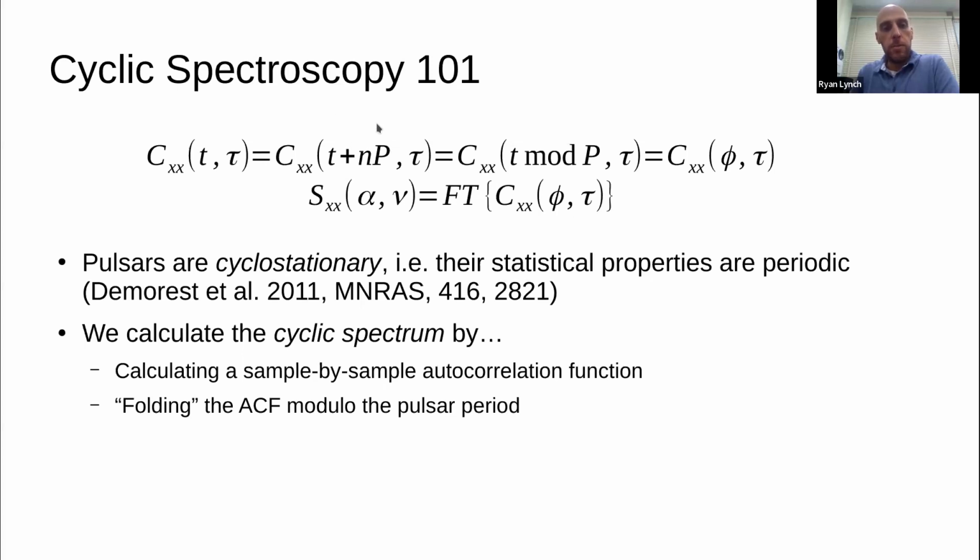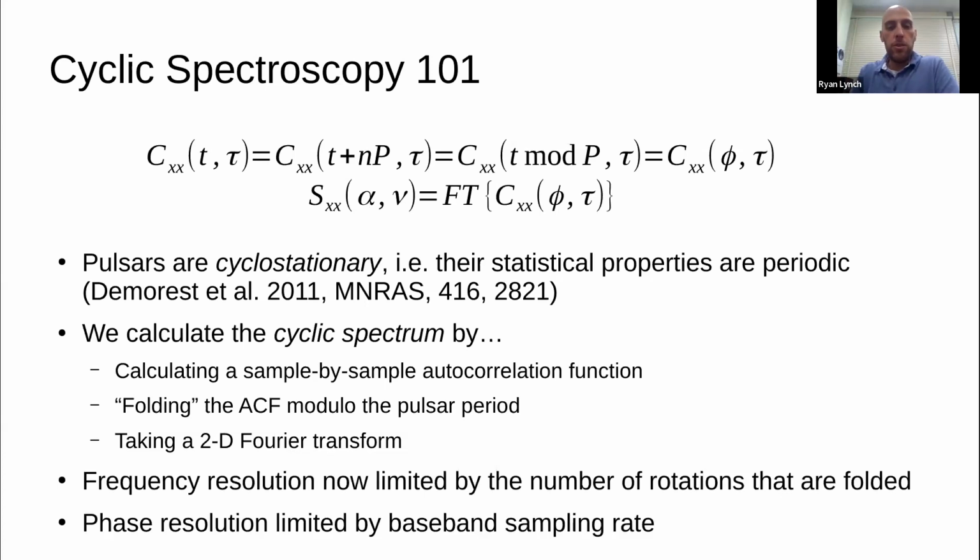But by taking advantage of this periodic nature of pulsars and accumulating different lag products into particular pulse phase bins, we can then take a 2D Fourier transform of that result, and it yields something called the cyclic spectrum, which is a function both of the traditional radio frequency, but now also this other term called the cyclic frequency or cycle frequency, which is related to the shape of the pulse profile in terms of how power is distributed.